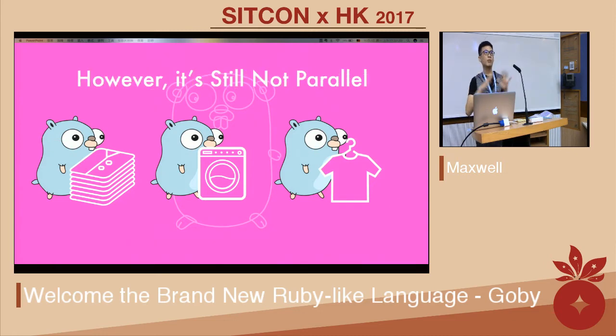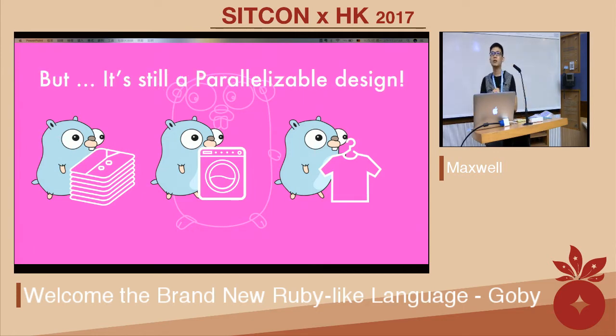However, it is still not parallel. Why? Because although they are all working, they do not do the same things at the same time. This is just doing multiple independent tasks, which is not the same. So this is still a concurrent pattern, but it is parallelizable.